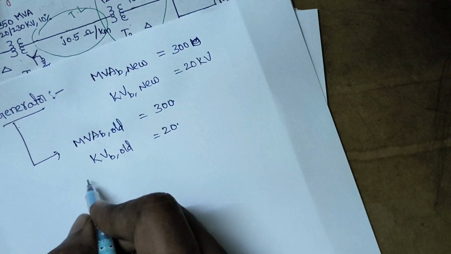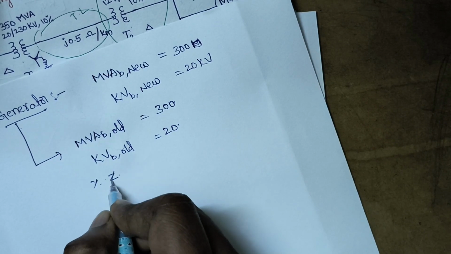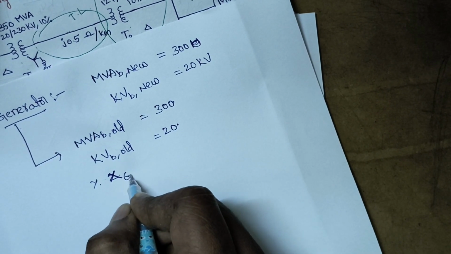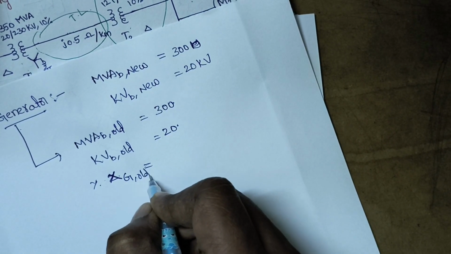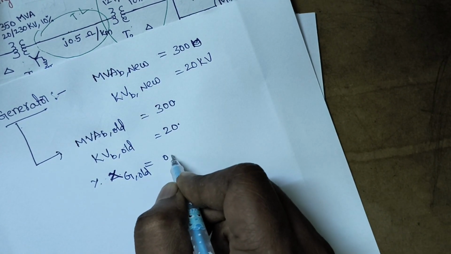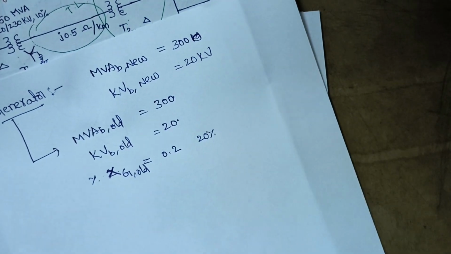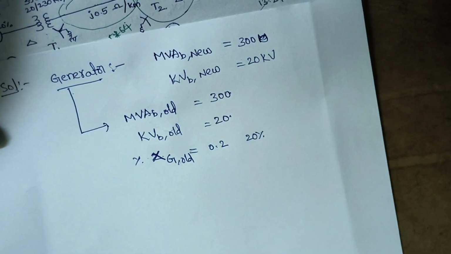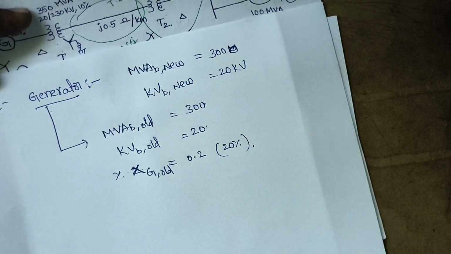He said that the reactance of the generator, Xg old, is 0.2, because he said that it is 20%. So I take it as 0.2.